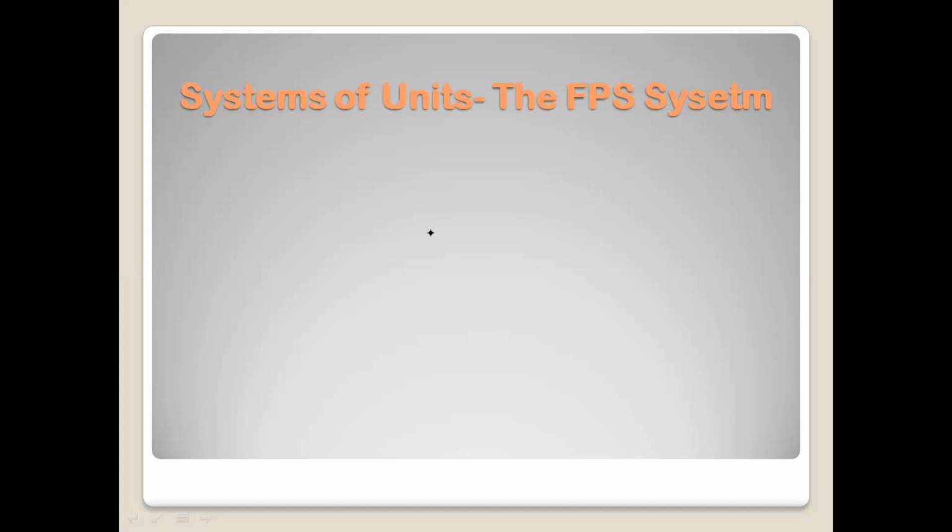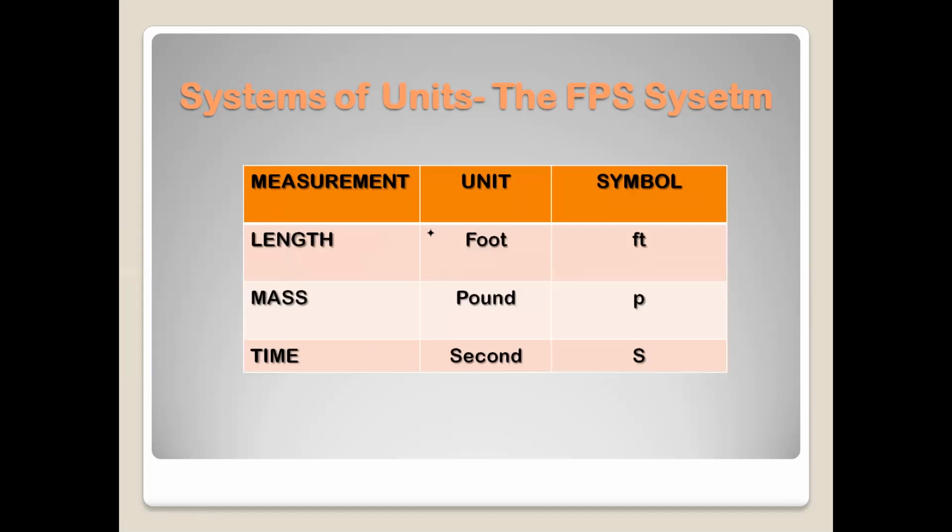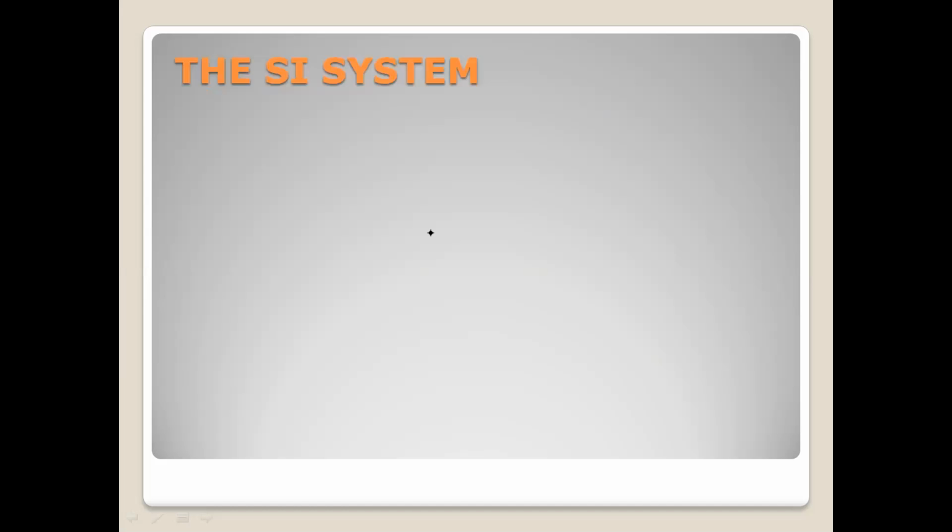By now you might be in a position to guess what it is going to be, right? FPS system means in this also we will be using the 3 basic measurements: length, mass, and time. In this, length is measured in foot, mass in pound, and time in second.